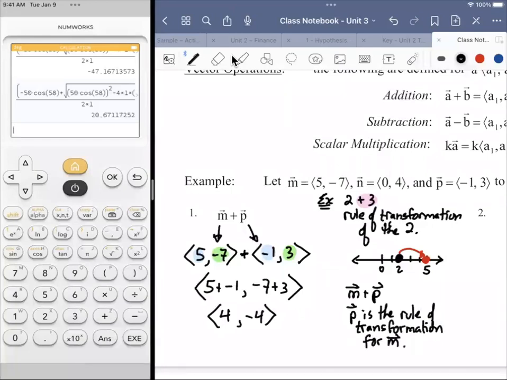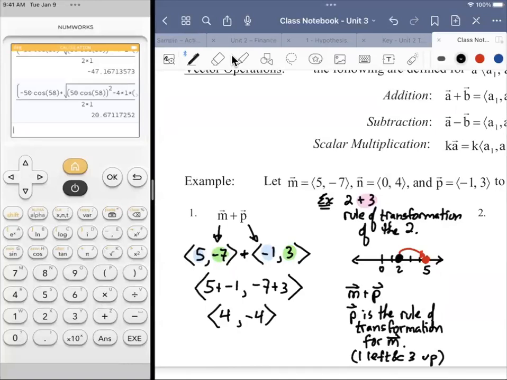All right, encoded in P are the instructions for how to move M. You could also say P is the recipe for moving M. It's telling us go 1 left and 3 up, and that's because we're working in the plane.